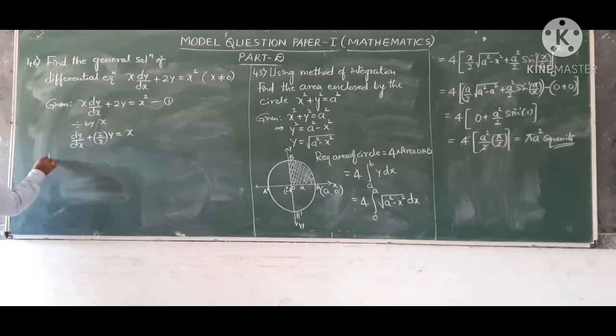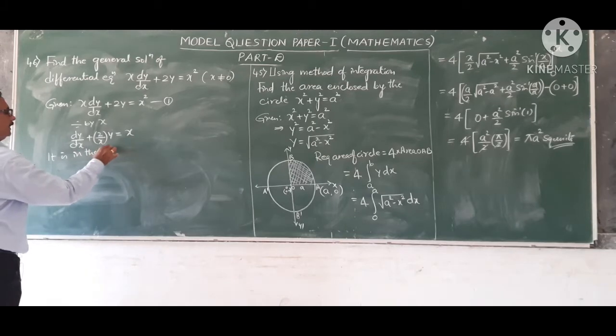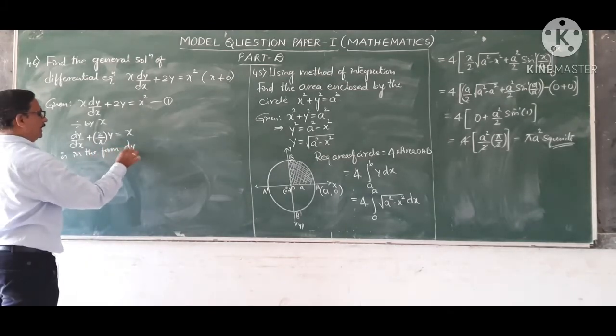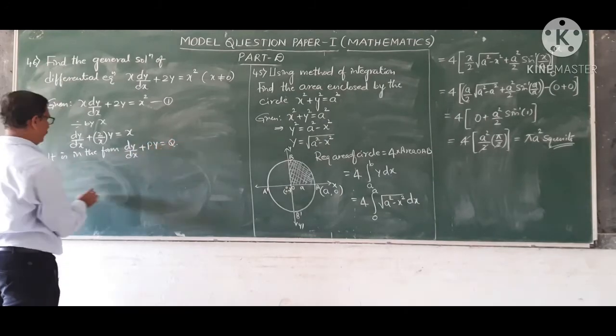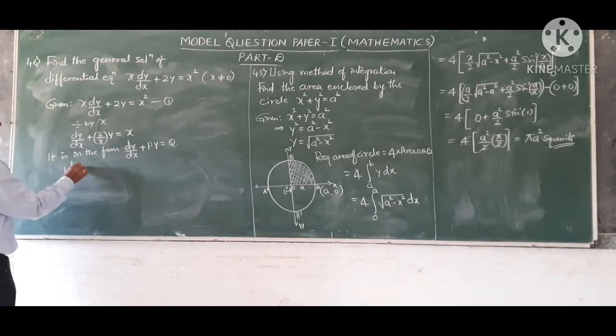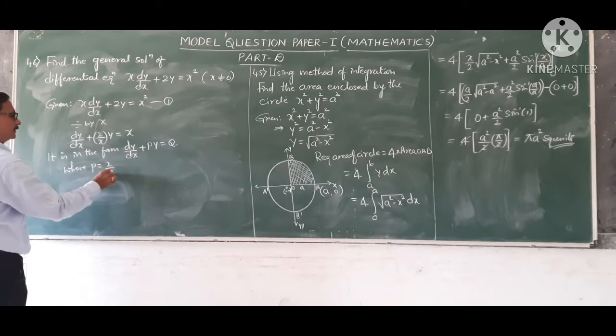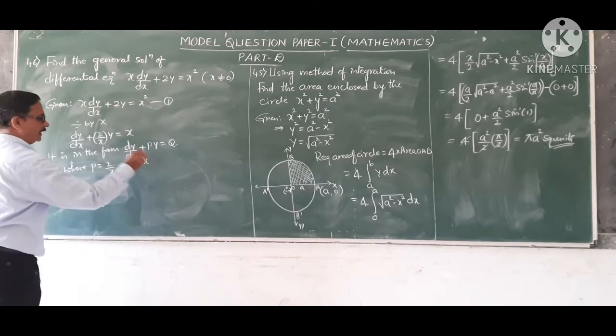Clearly it is in the form of linear differential equation of the type dy by dx plus py is equal to q, where p value is 2 upon x, q value is x.